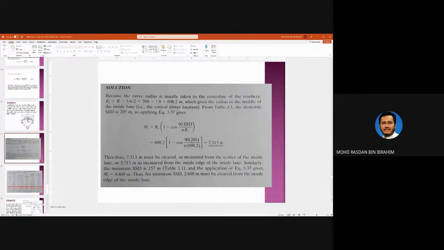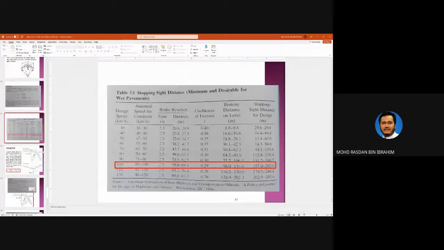Okay, from table 3.1, the desirable SSD is 205. Design speed is 100, so the desirable stopping site distance is 205.0.